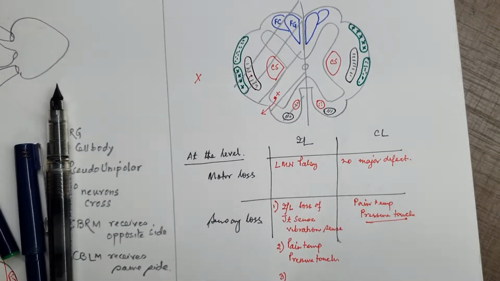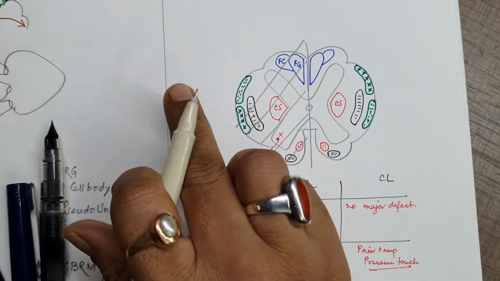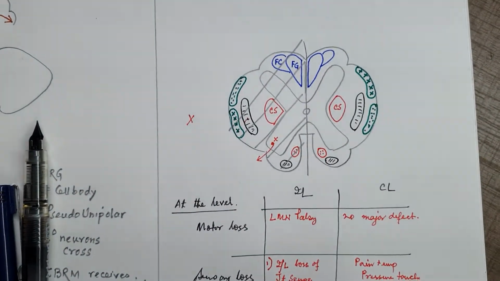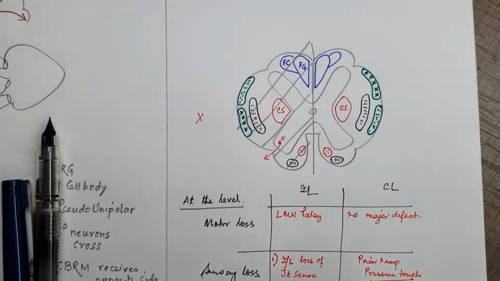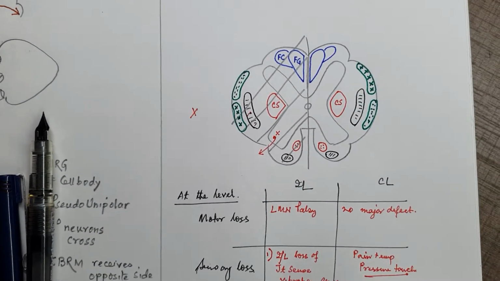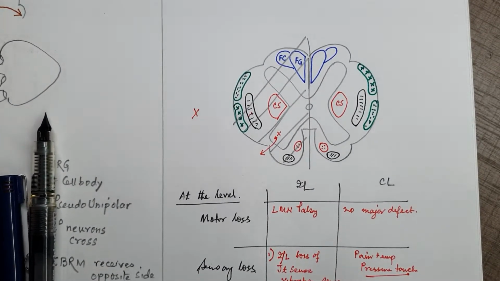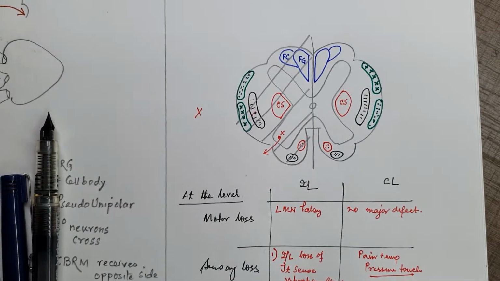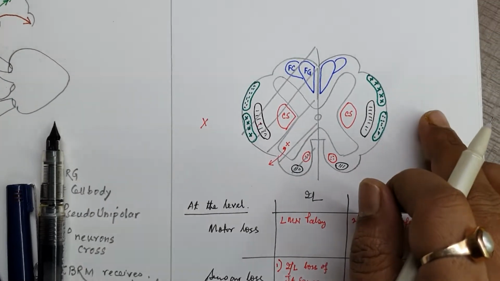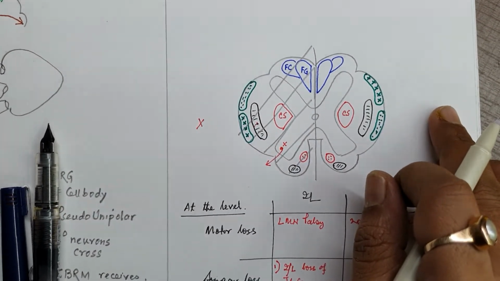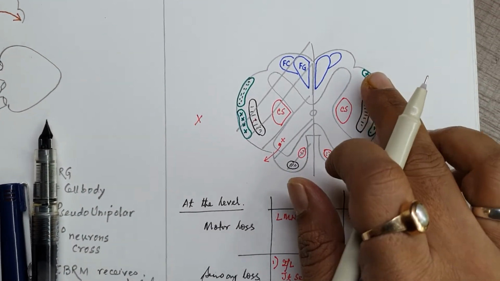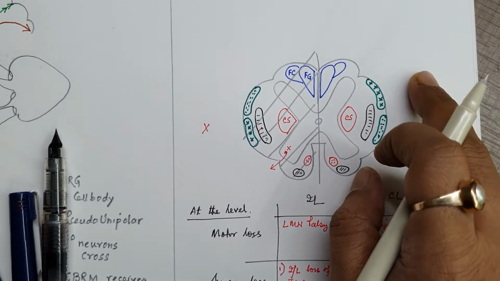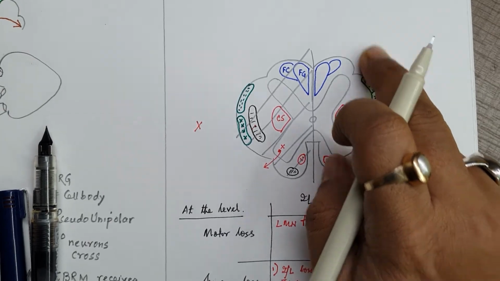Spinocerebellar sensation. Spinocerebellar sensation of this side, ipsilateral, is totally damaged. Contralateral side: the posterior one escapes because the fiber of this side will pass and go.